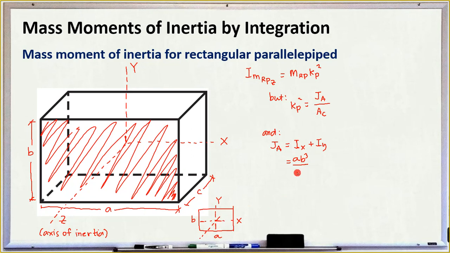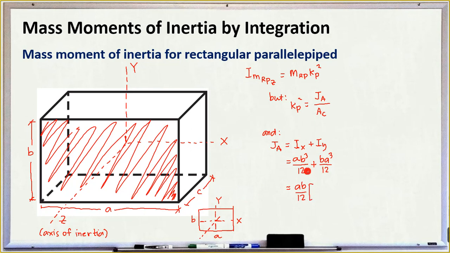Now for the y, along this y axis, that is b a cubed all over 12. Now we can factor out ab for both terms, so we have ab all over 12.